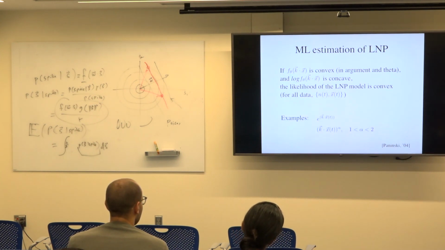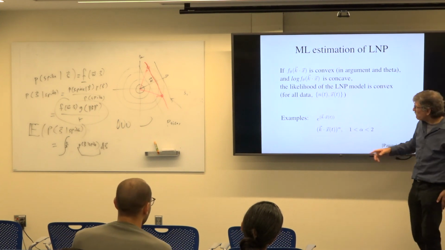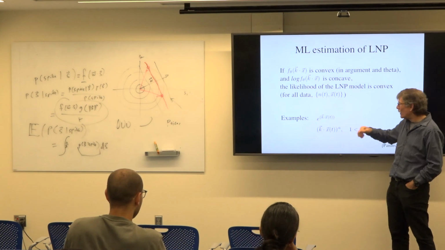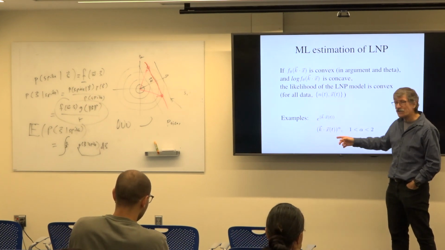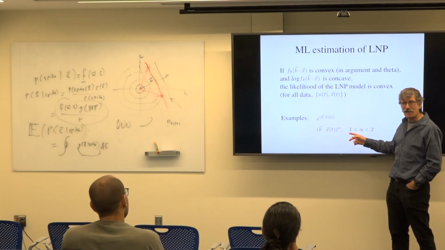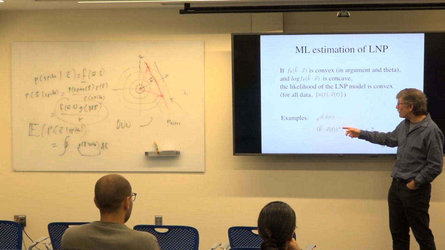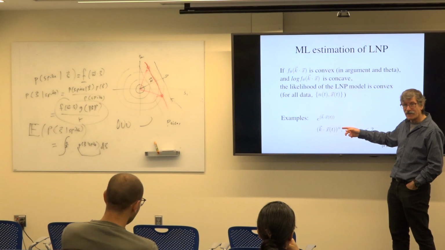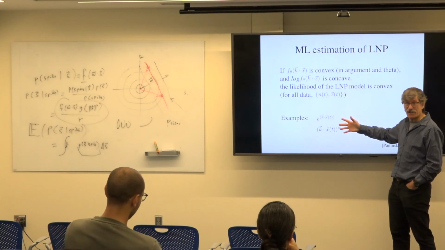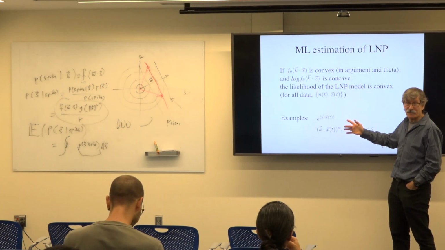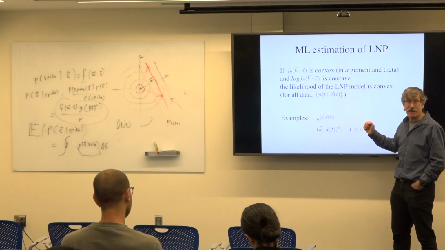And in particular, things like a Gaussian model work just fine, an exponential works just fine, a power function works just fine. So these models of the nonlinearity, which may have parameters that you're trying to estimate, here are some obvious ones that you might have wanted to pick, and they'll work just fine, meaning no local min, easy to estimate.